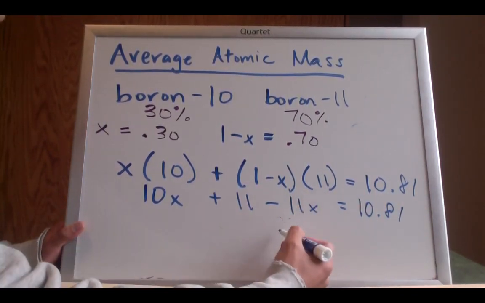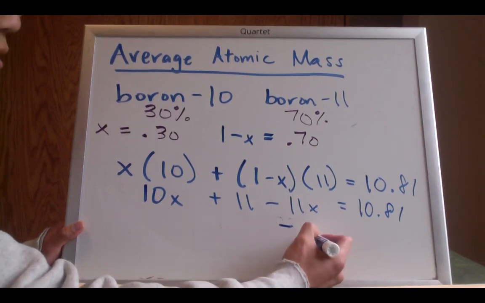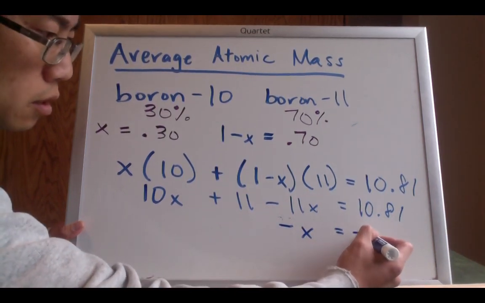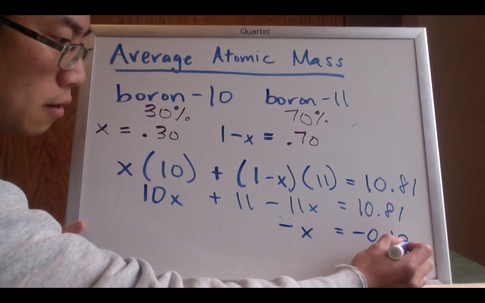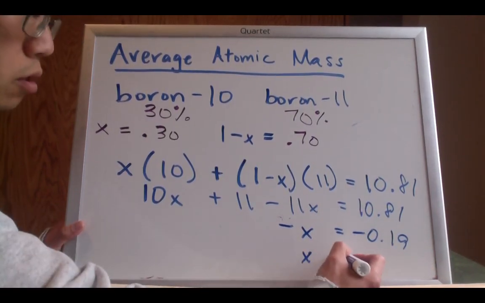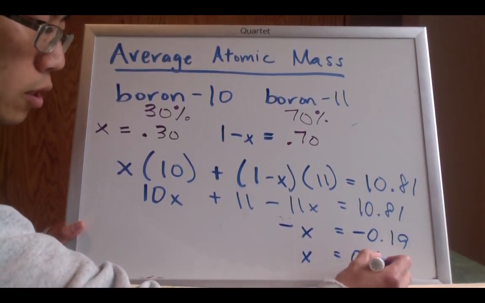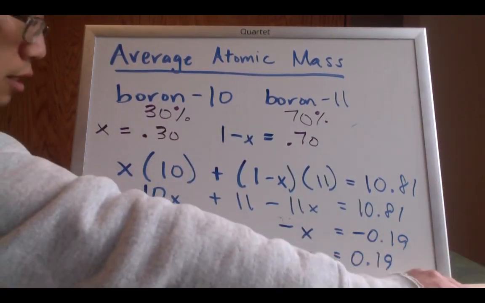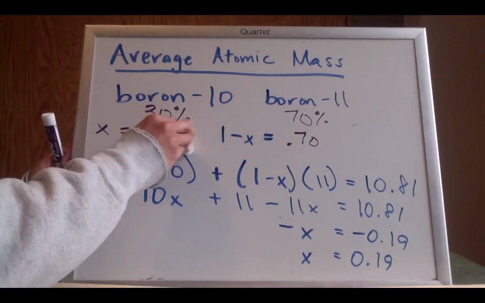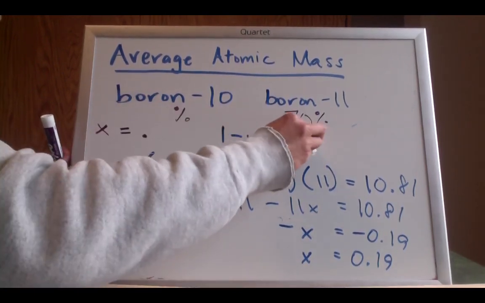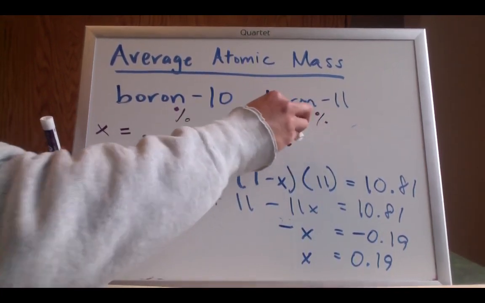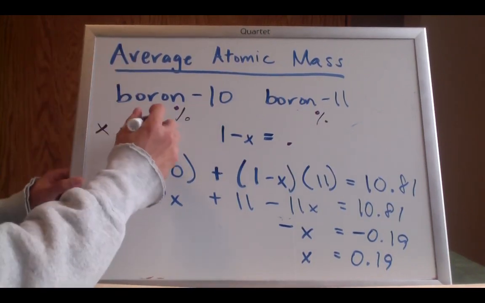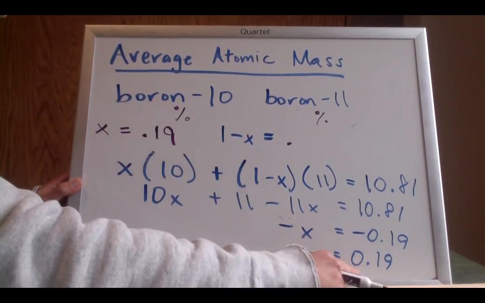With a little rearranging, you get negative x equals negative 0.19, so x equals 0.19. In this case, it's not really 0.30, I just used it to illustrate. The real number is x equals 0.19, because we solved for it here.